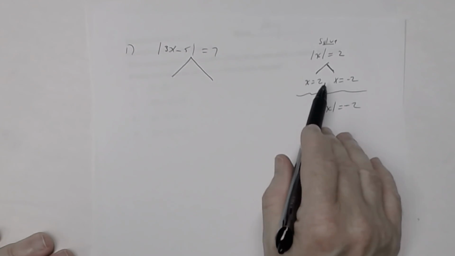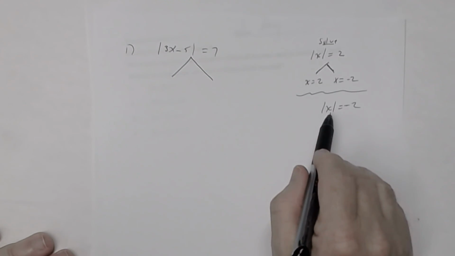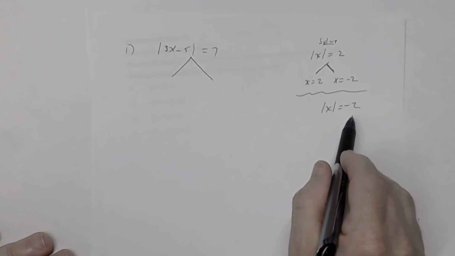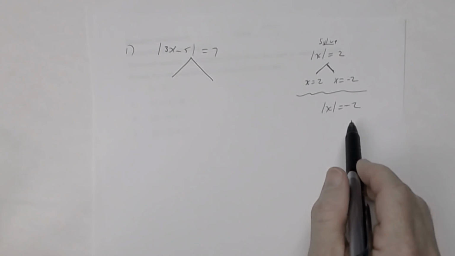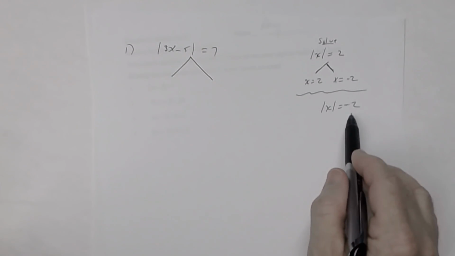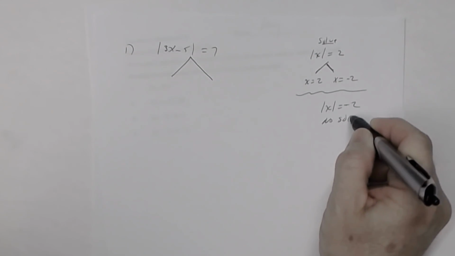Well, that's going to be negative 2 or 2. The distance that a number is negative 2 units from 0 is not possible, because when we talk about distance, we always think in terms of positive terms. Well, that's a negative right here. And so right away you would say no solution.